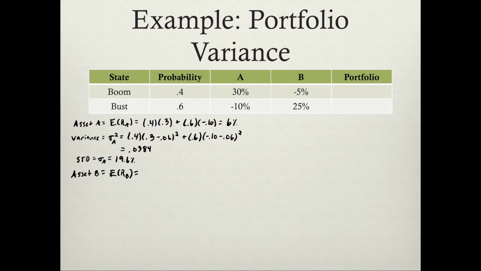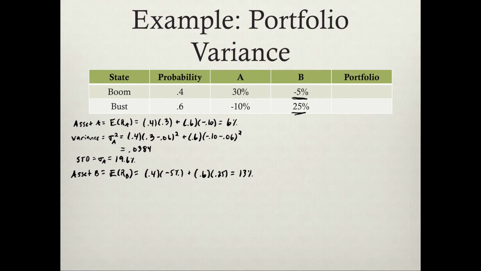But again, it's probability multiplied by return in that scenario, and we add together the different products for the different economic conditions. So we have a 40% probability of a boom. In a boom economy, stock B has a negative 5% return. And we add to this the probability of a bust economy, and in a bust economy, asset B has a 25% return, and what we end up getting is an expected return of 13%.